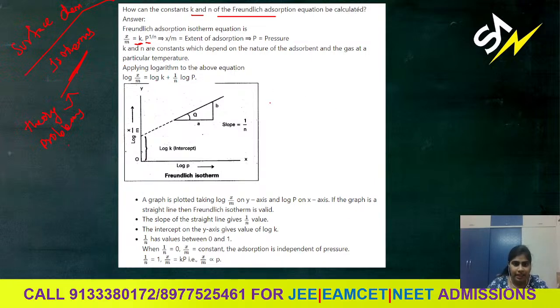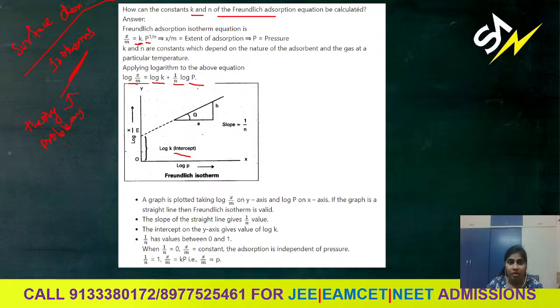If you take it in a graphical representation, the slope is 1 by n, on the x axis you can see log P, on the y axis you can see log x by m, and here log K acts as the intercept. So what is the question exactly asked? How can the constants K and N of the Freundlich adsorption isotherm be calculated?